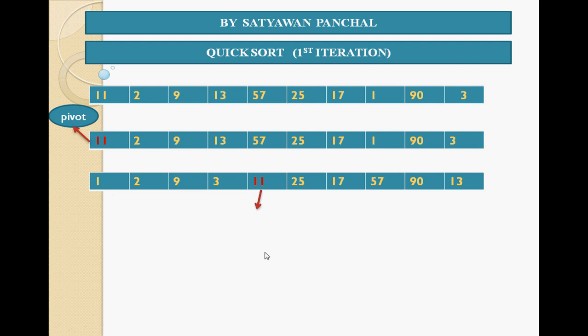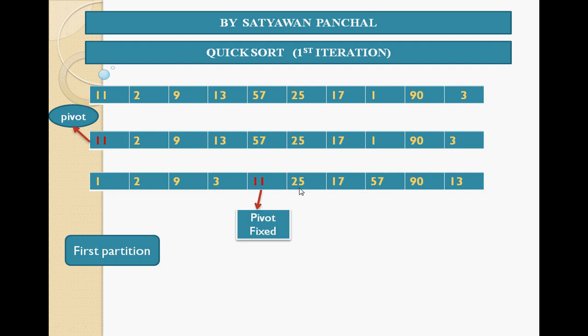In the first iteration my pivot is fixed. What is the meaning of pivot is fixed? I mean 11 is at the right position for sorting. So all the elements on the left are smaller than 11, and all the elements on the right side of the pivot are greater than the pivot value.